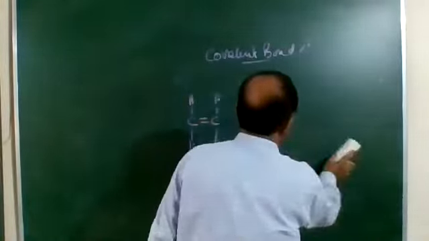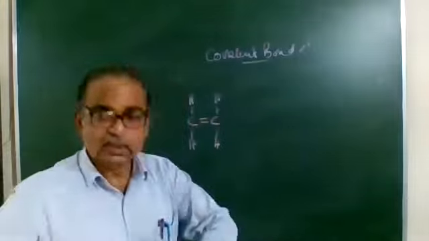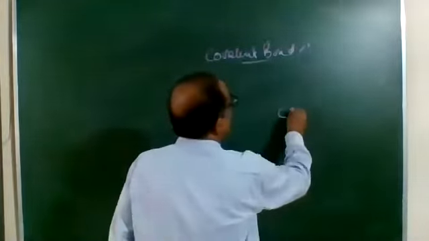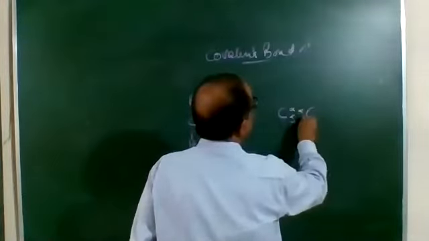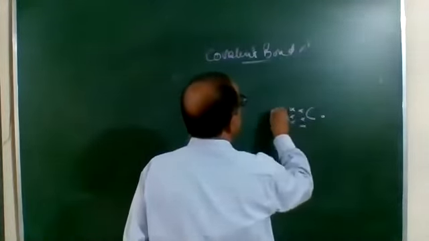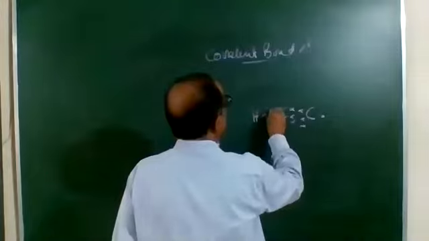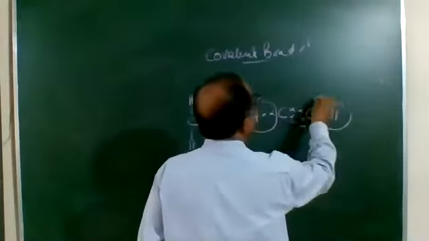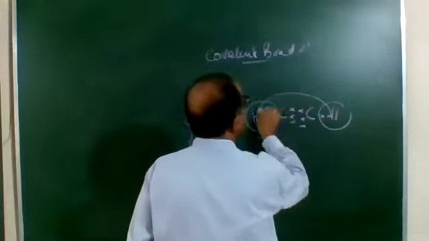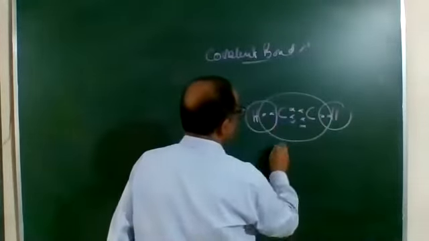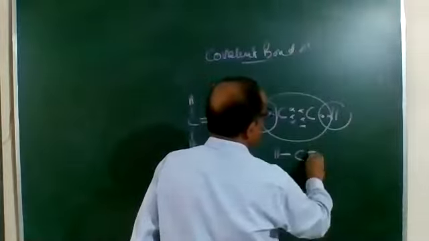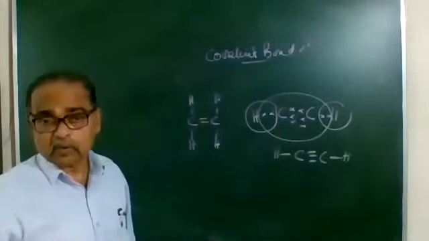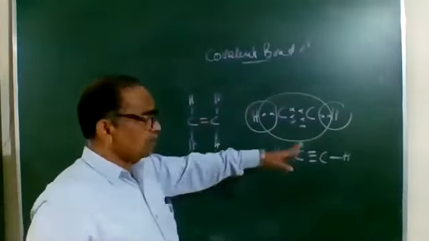C2H2 is to be taken. The sharing is done in this manner, so H-C triple bond C-H. Here also, if the number of bonds is asked, you will have 5 bonds.